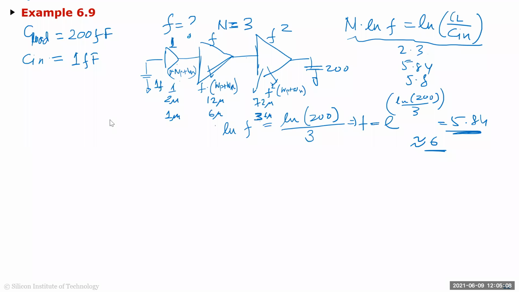Okay. Now the second part of the problem is, but this is not the optimal fan out, right? We have seen that the optimal fan out is around 2.6. So if we remove that restriction of 3 stages, it's giving you 2 more pieces of data. It's given you tau in equals 7.5 picosecond, which we calculated if you remember before, and gamma equals 0.5.